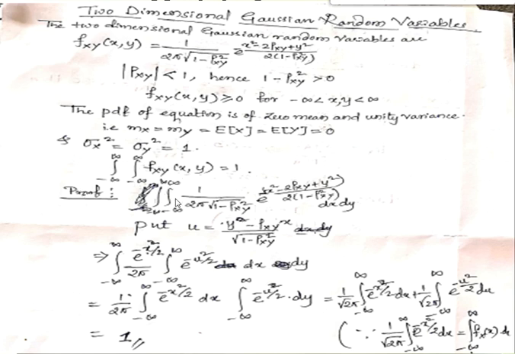So we can go for the double integration of f_XY(x, y). When we go for this integration into dx dy, to solve this one we are putting u equal to (y − ρ_XY x) divided by the root of 1 minus ρ_XY squared.